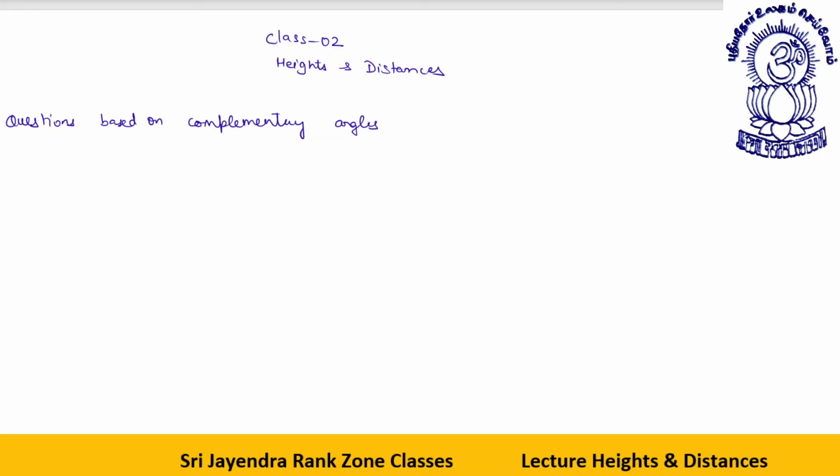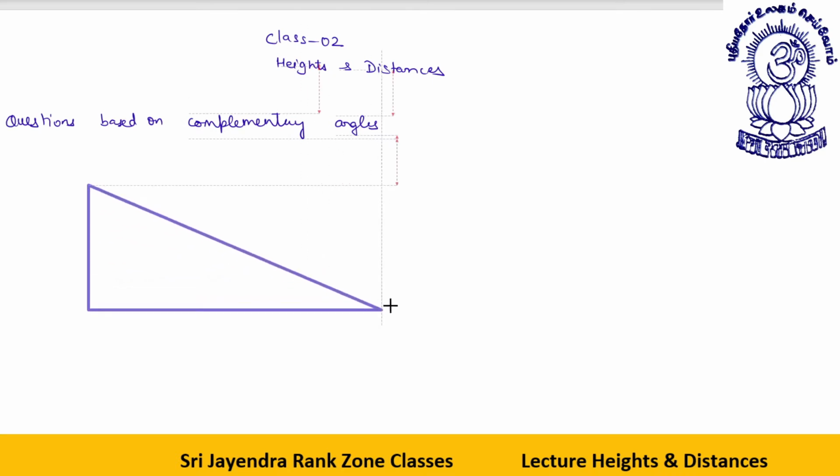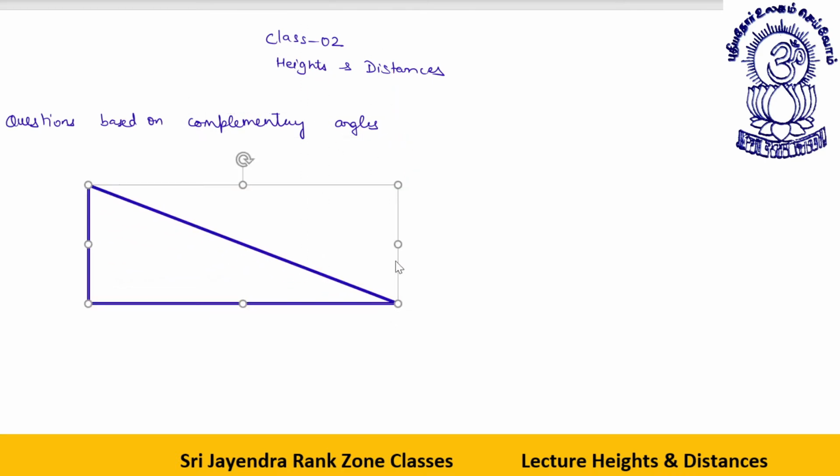You will be given a triangle. Suppose you are given a triangle like this. If it is told to you that this angle is theta, and let's say this distance is a, and then let's say this angle is alpha.